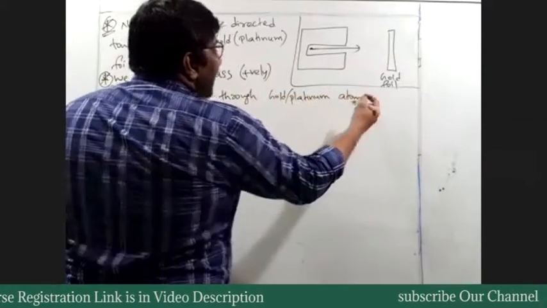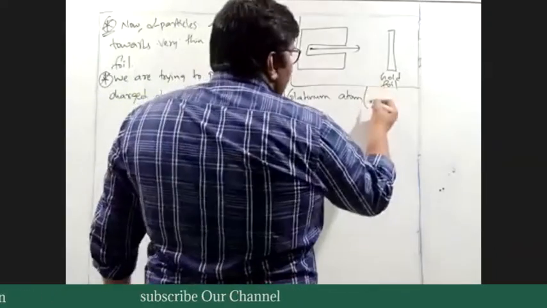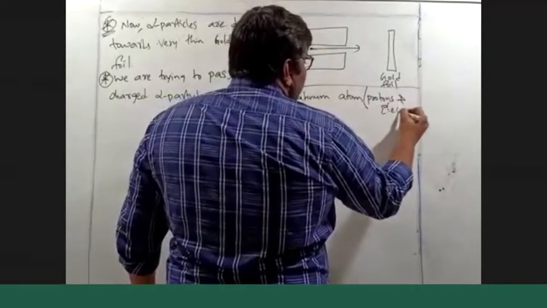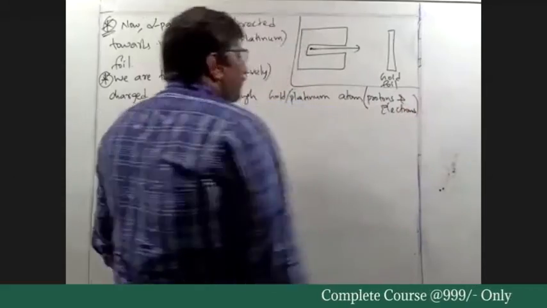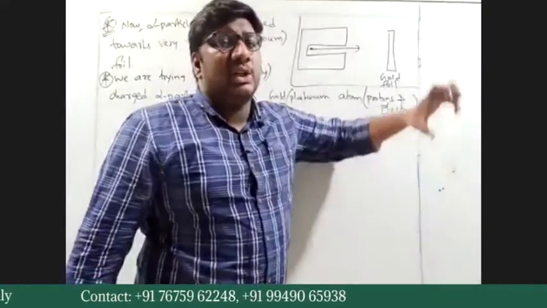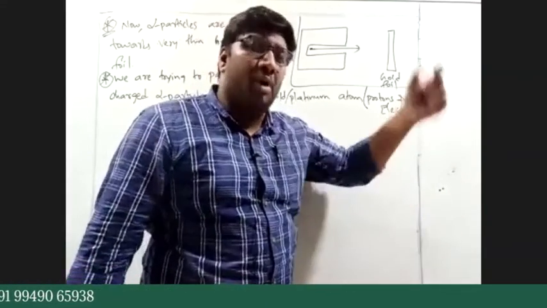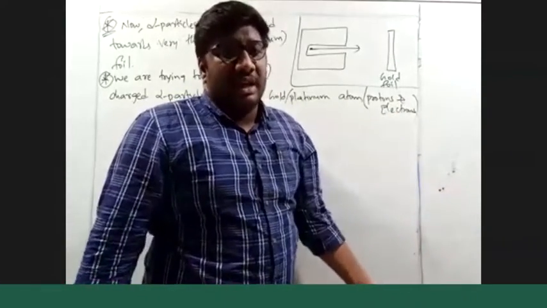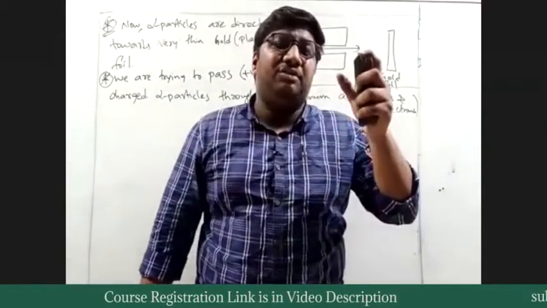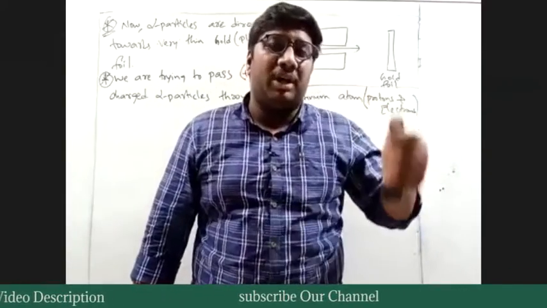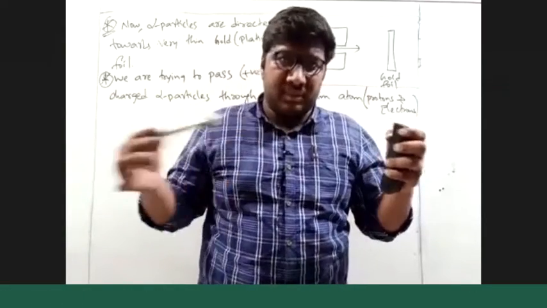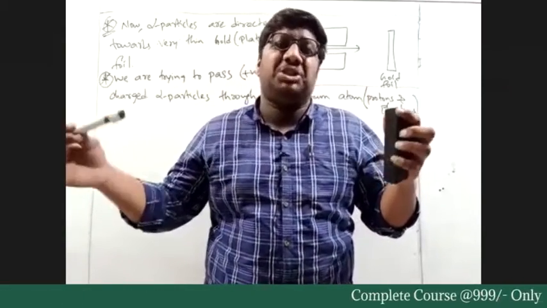Atoms again have protons and electrons. Yes or no? So we are passing the positively charged alpha particle towards an atom which has both positive charge and negative charge. Here is an atom. This duster is an atom. It is made of protons and electrons, that is both positive and negative. And I am incidenting alpha particles which are positive in charge.